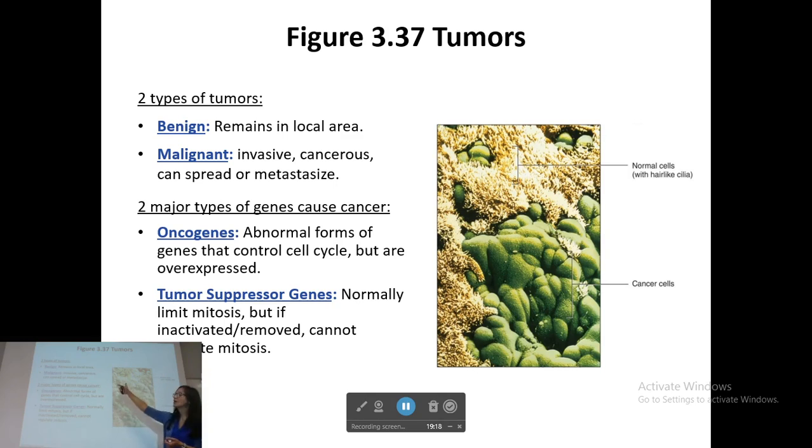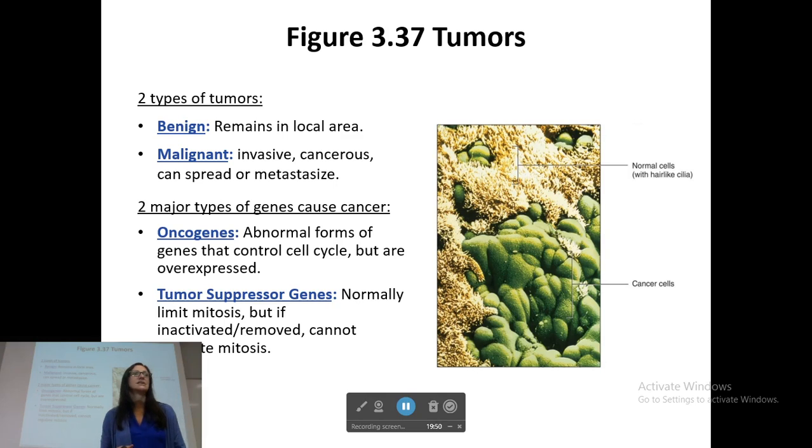But if it comes back as malignant, that means it is invasive. And benign tumors can turn into malignant tumors. So the malignant tumor is invasive. It's cancerous. It can spread and metastasize. Metastasize means that it can break off from that original area and move to another area of the body and start a new tumor.